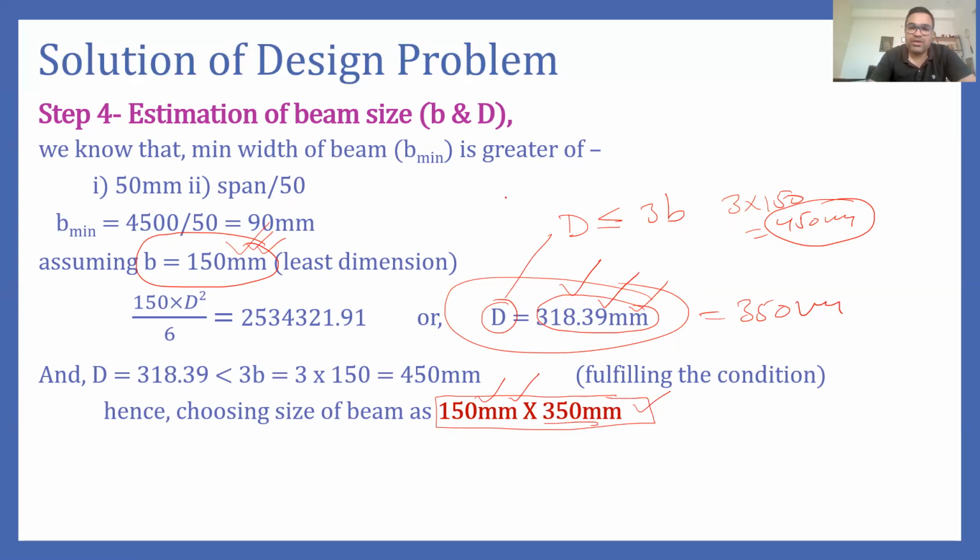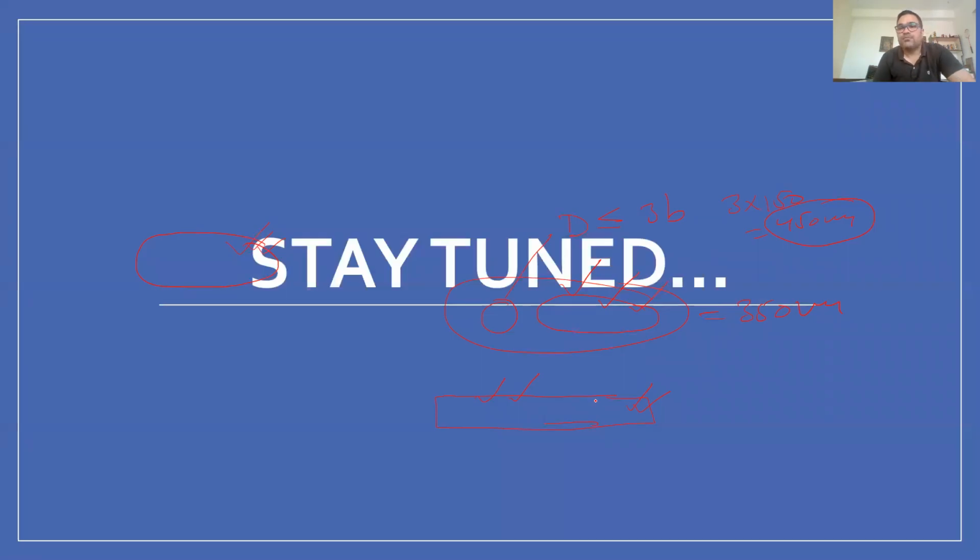Till now we have taken the permissible bending stress just to get the initial dimensions of the beam. We will now calculate the actual bending stress, but we will do it in the next part. Thank you.